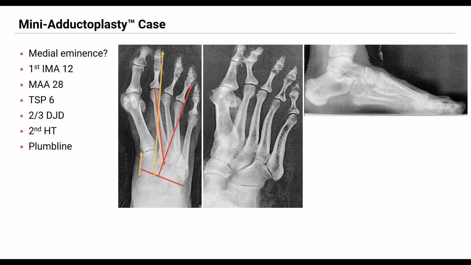Jody's really talked about this a lot in the adductoplasty webinars and at the lectures. We basically take a line at the medial aspect of the medial cuneiform, bring that to the lateral aspect, extrapolate it out to the second metatarsal, and you tell the patient, listen, I want to put your first metatarsal in line with this line. I can't do it. It's being blocked by your second met.